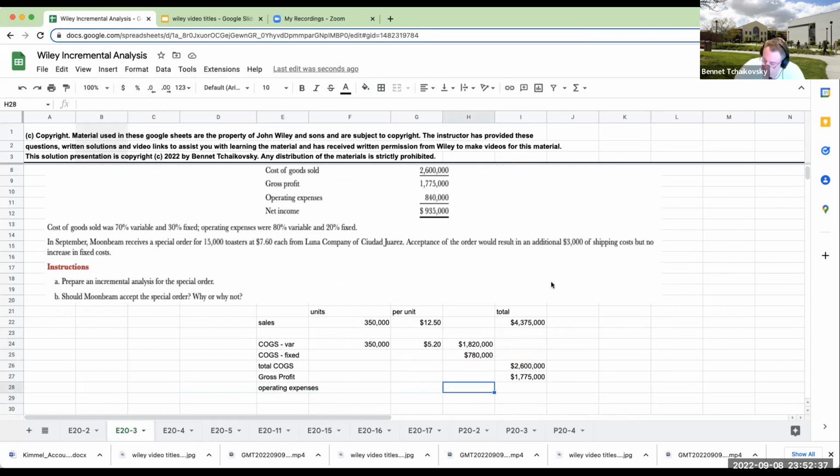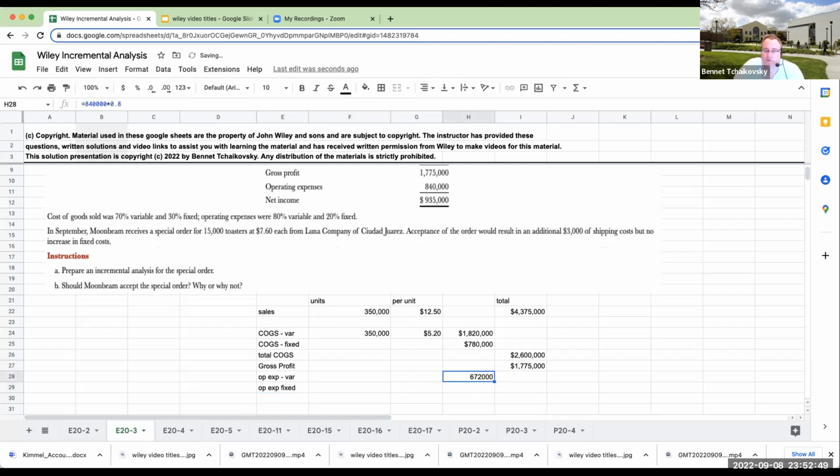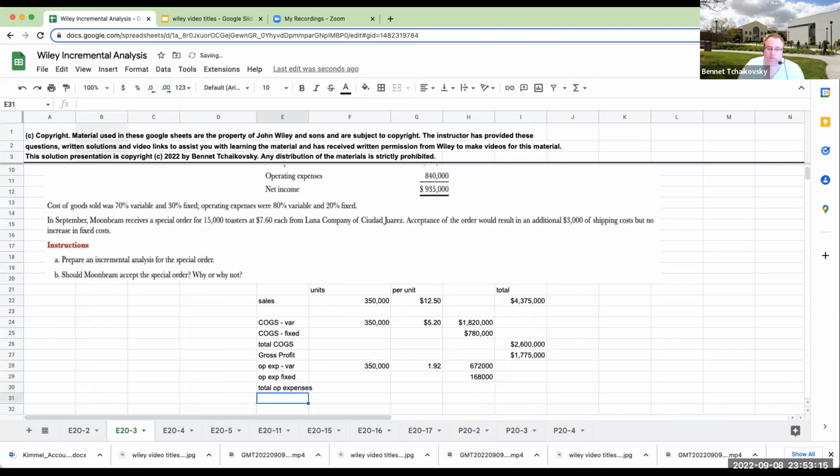So my operating expenses are 840,000: this is 840,000 times 0.8, and this is 840,000 times 0.2. Because we're making 350,000 units, the variable part is roughly $1.92 per unit. Our total operating expenses are 840,000.